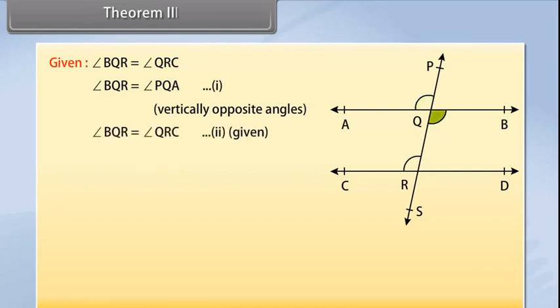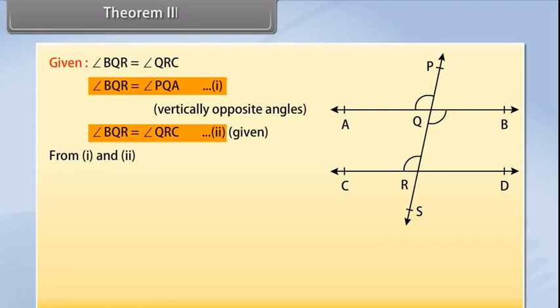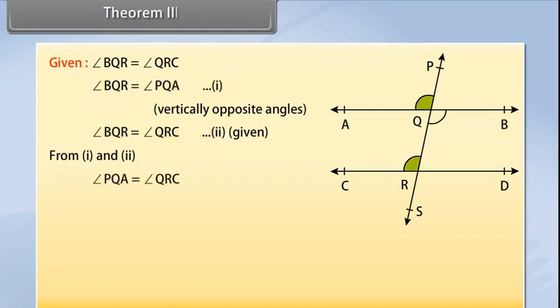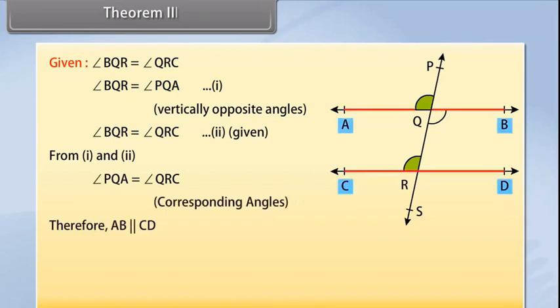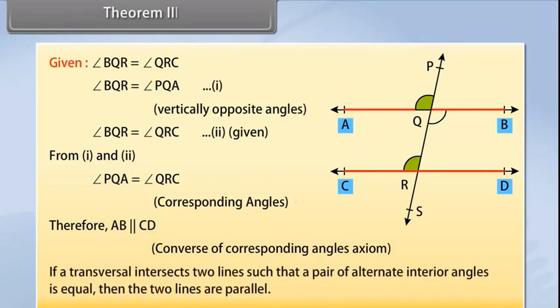But angle BQR is equal to angle QRC, given. Mark it as 2. So, from 1 and 2, we may conclude that angle PQA is equal to angle QRC. But they are corresponding angles. So AB is parallel to CD, by the converse of the corresponding angles axiom. This result can be stated as a theorem, which is, if a transversal intersects two lines such that a pair of alternate interior angles is equal, then the two lines are parallel.